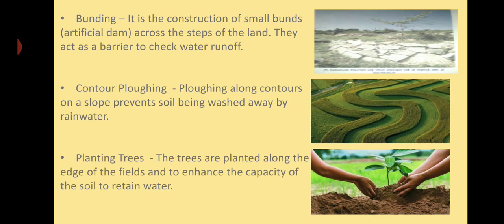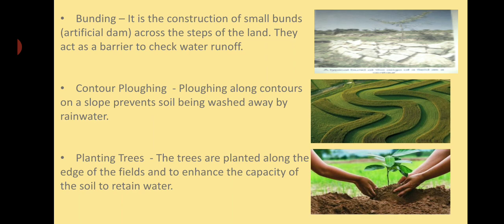Now, then comes the bunding. It is the construction of small bunds, that means artificial dams. These artificial dams are made from local materials at different places along the steps, so that continuous water runoff can be checked.